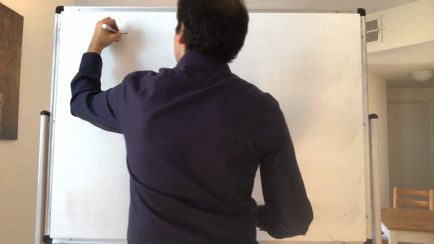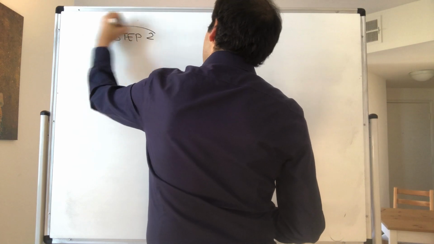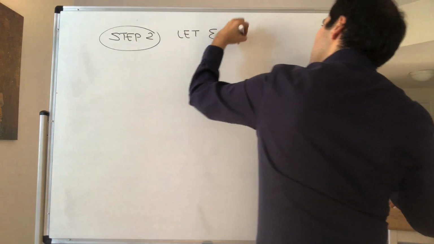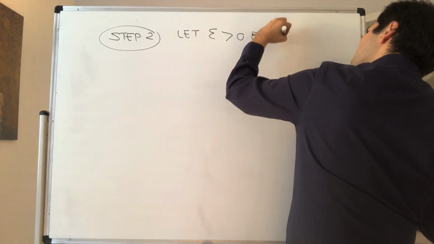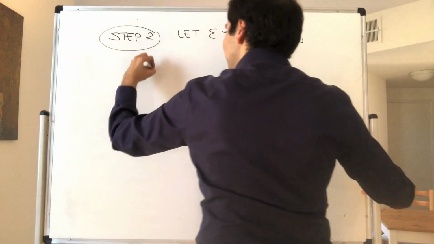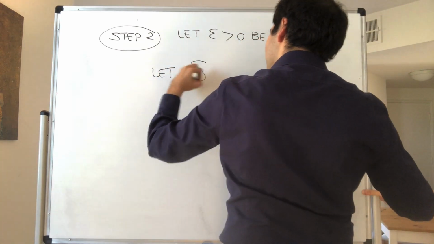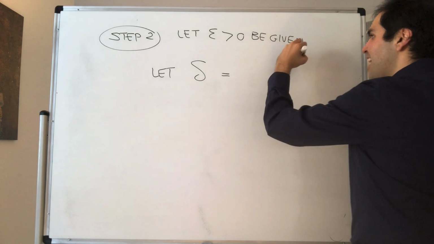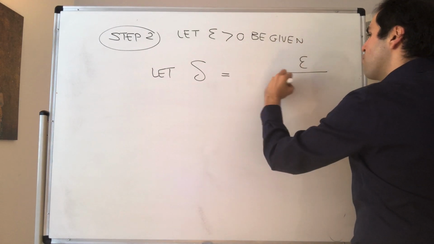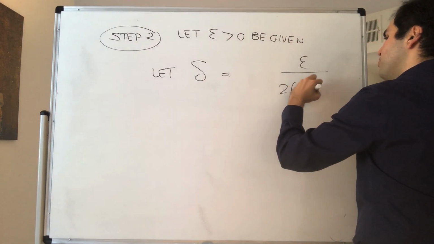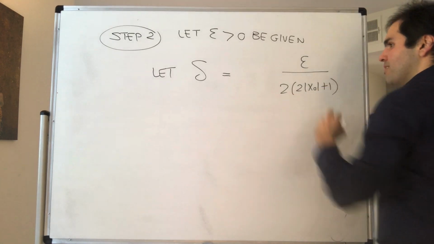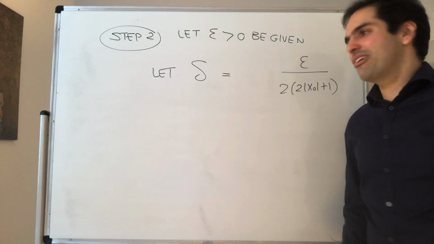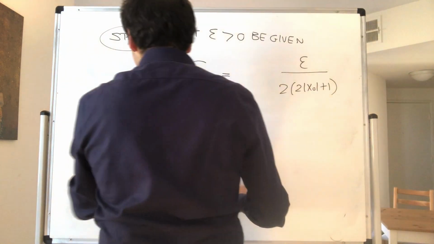So step 2, our proof. So let epsilon be given. And let delta be defined. Now, you might be tempted just to say delta is epsilon over 2 times 2 absolute value of x naught plus 1. However, remember from a long time ago we had this other identity.